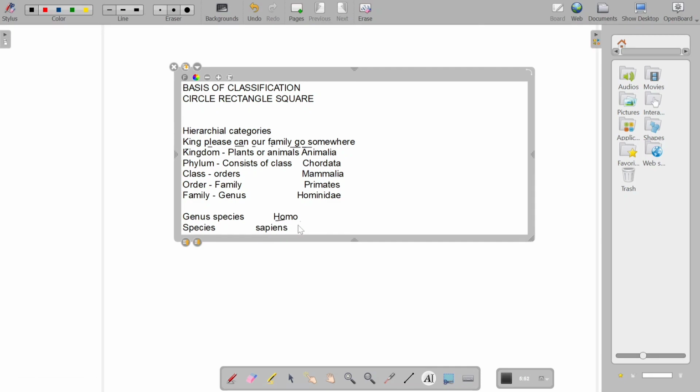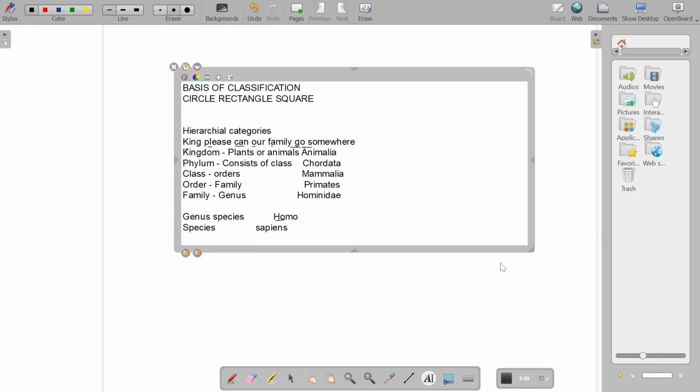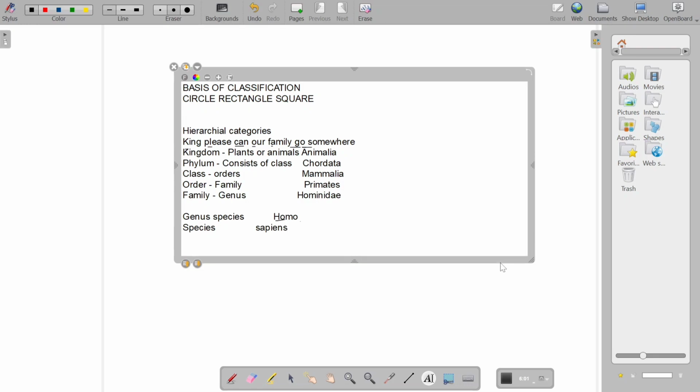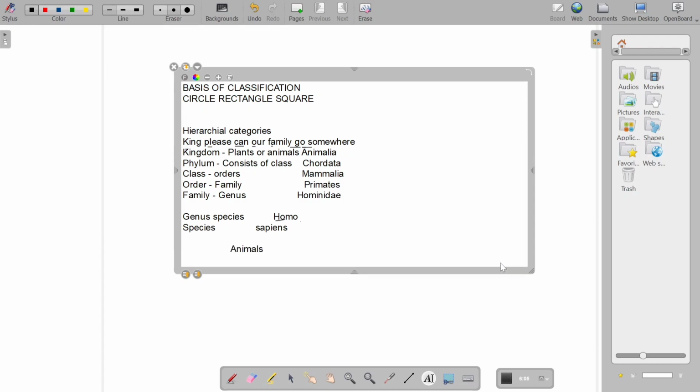Then we shall see about the animals and how animals are classified according to their characteristics. In general, animals have been classified into two types.